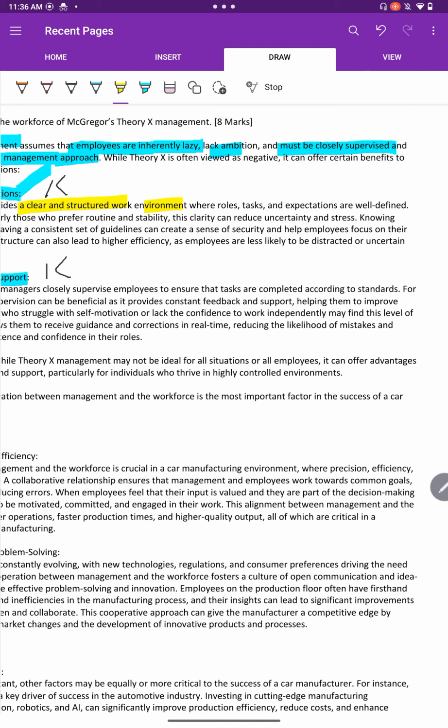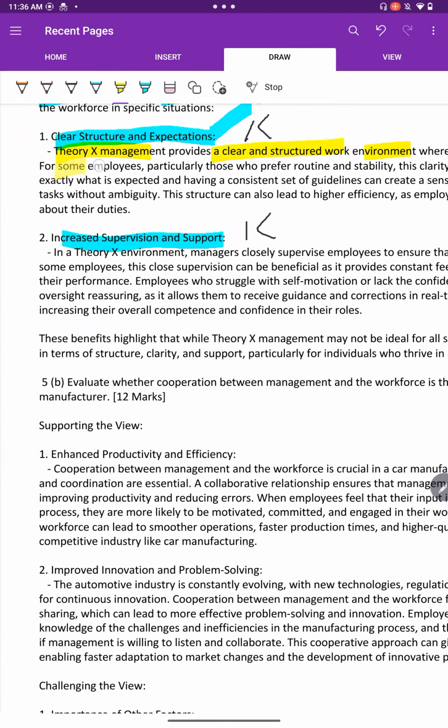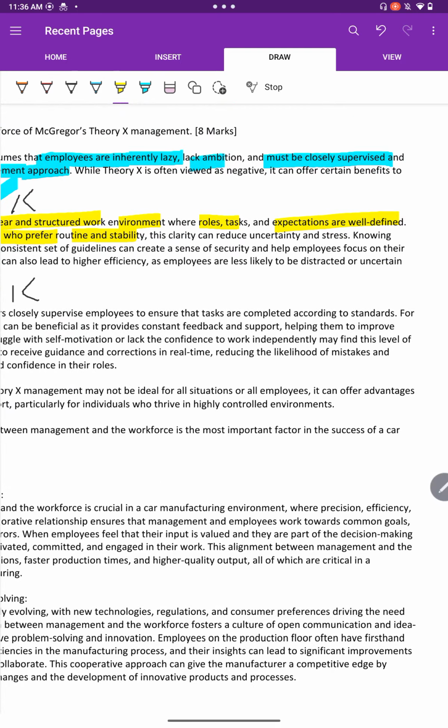So roles and task expectations are well defined. For some employees, particularly those who prefer routine and stability, this clarity can reduce uncertainty and stress. It means that everyone knows that we have to do a certain number of tasks, so it would be lessening their stress.